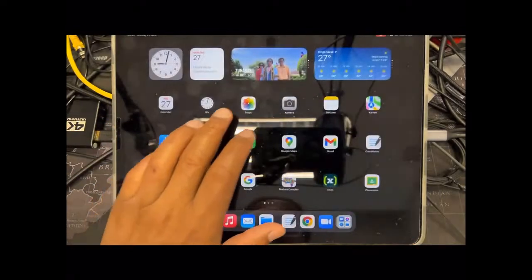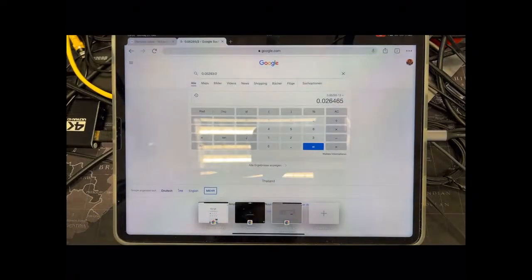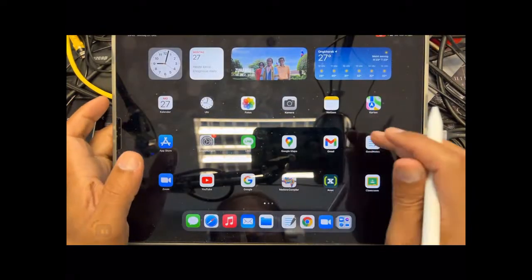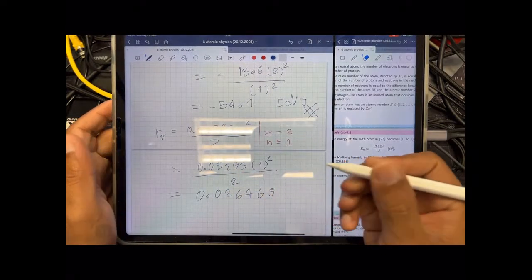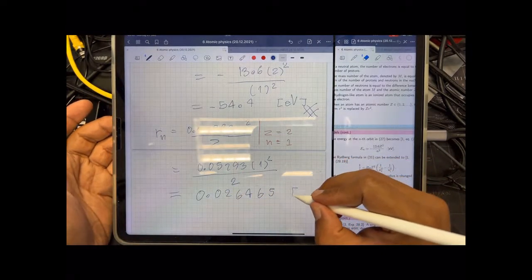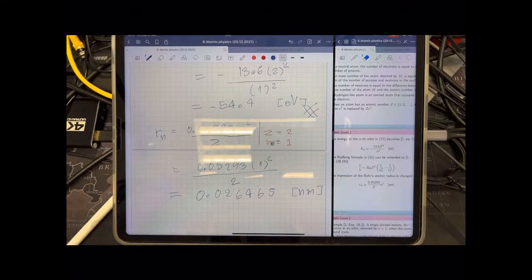I forget, my brain is not good. 0.026465, and the radius is in nanometer. You can see that it's around 0.2 or 0.3 angstrom, which is 10 raised to negative 10, and that's the angstrom scale, right?